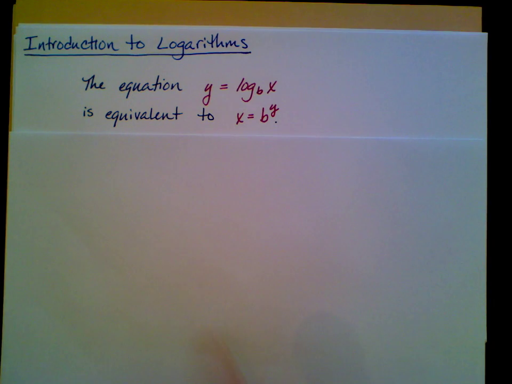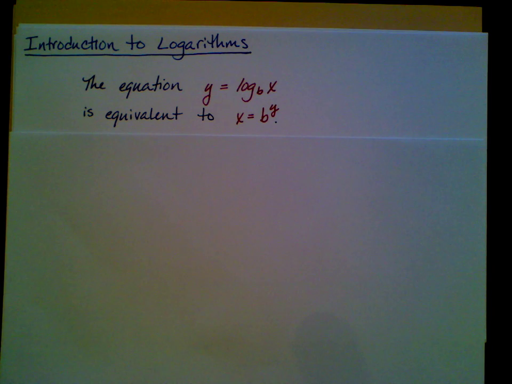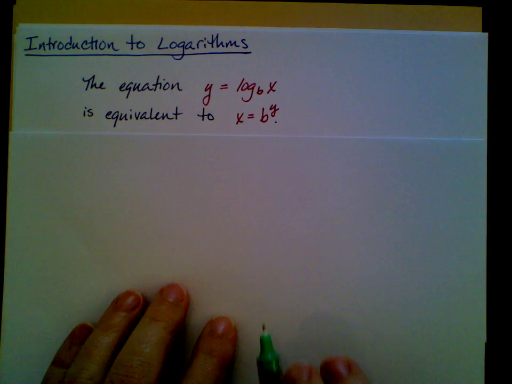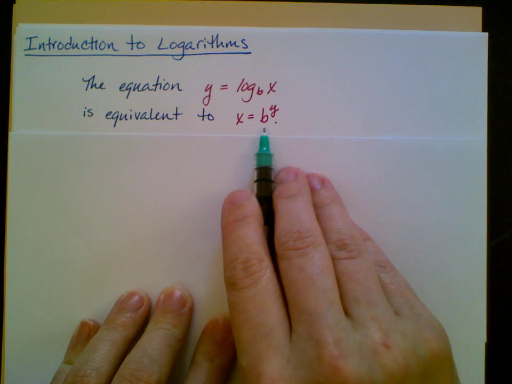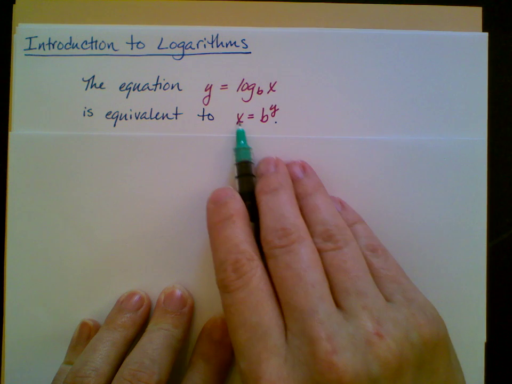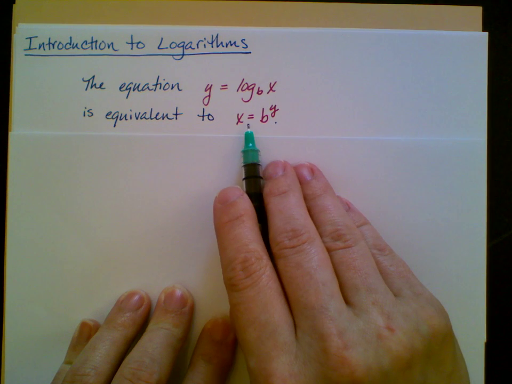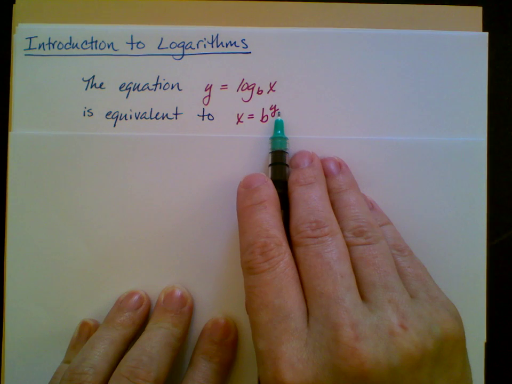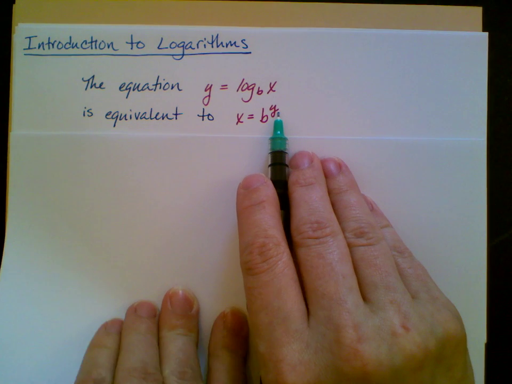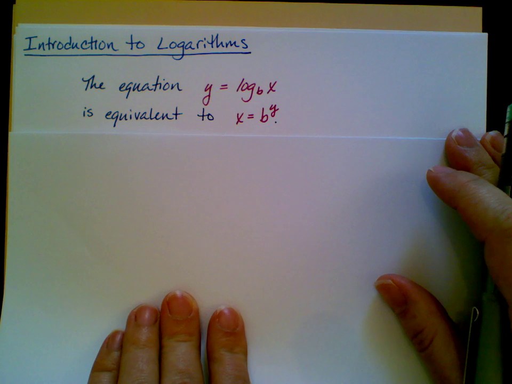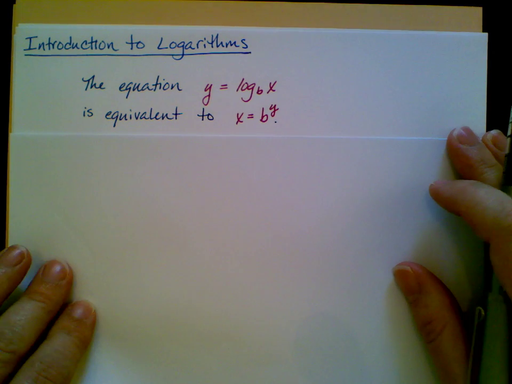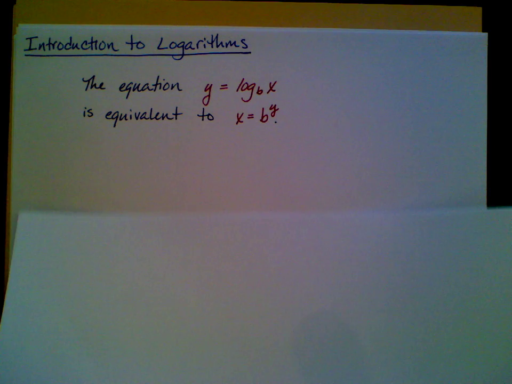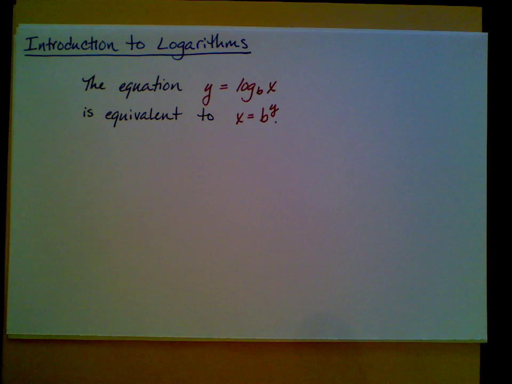But first I want to point out that our exponential functions were functions in the form y equals b to the x, which is just what we have here, except the x's and y's have been swapped. And since I asked you to review the section on inverses prior to this lesson, I want to point out that when we swap the x's and y's of a function, that's how we get an inverse.